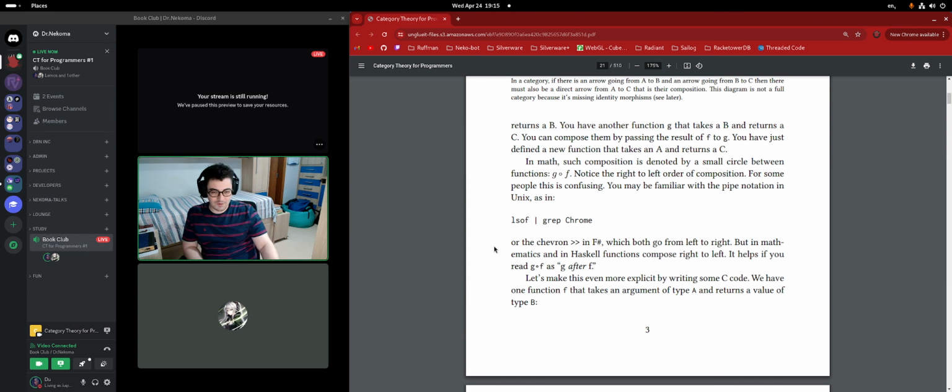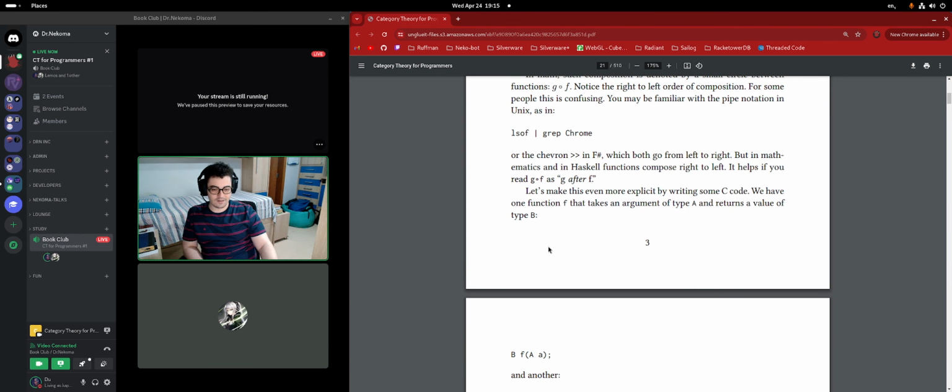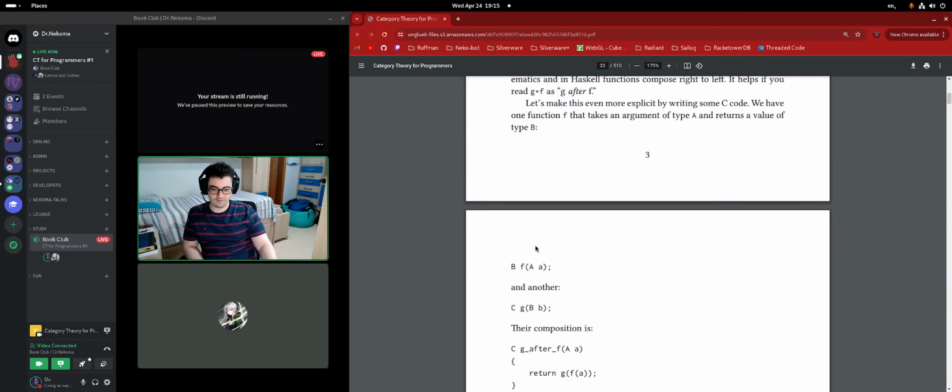Let's continue here because we have three chapters to go through. And then we're gonna read this as G after F, right? So this is very common sense for functional programmers. Threading macros, Haskell's dot operator, F sharp, pipe in Bash, all of those things have the same kind of notion of one thing after the other.